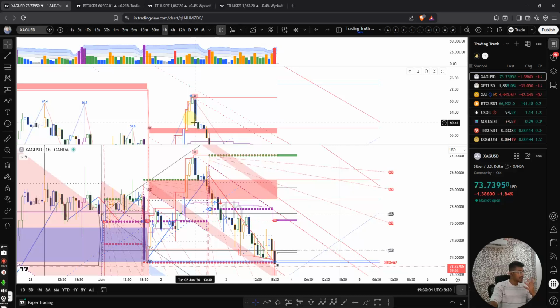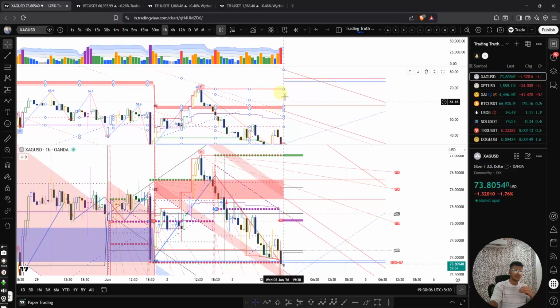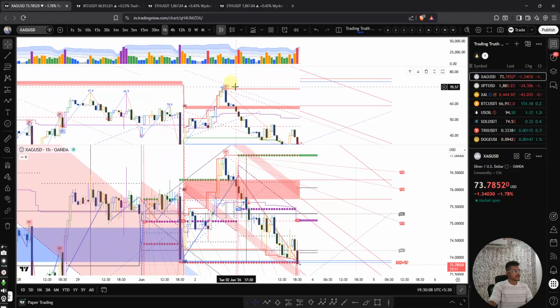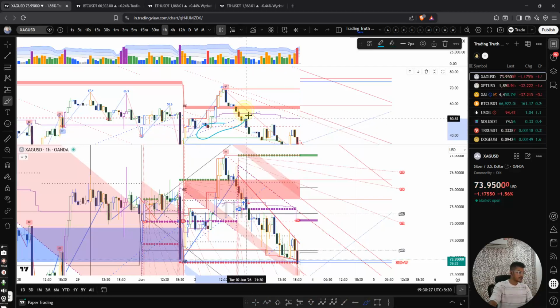So even if you haven't entered a trade on this one, there are a lot of trade opportunities. For instance, check this out. Once we go below this level, on this candle, we can take a short trade. Or the safest way is to wait for this ascending trend line to break below, then you can position yourself early on.